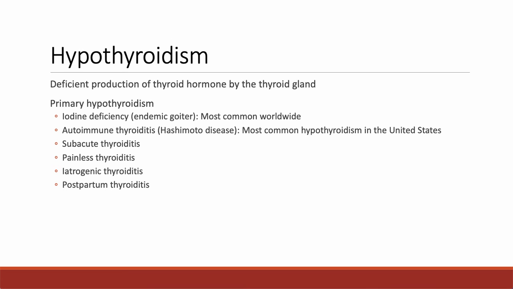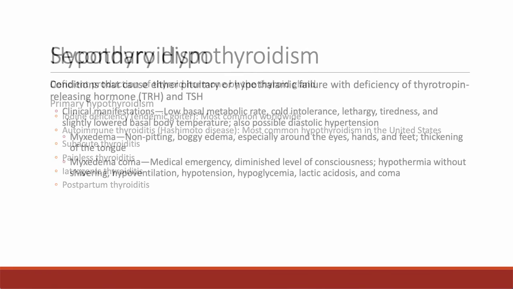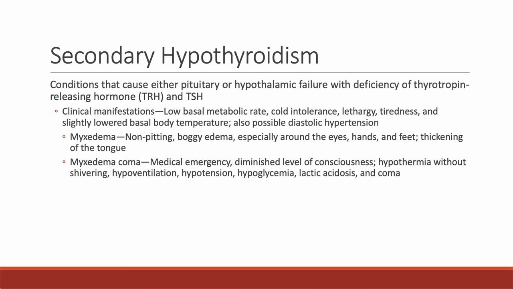And so it just keeps bombarding the thyroid gland with more TSH. But the thyroid gland is broken and it's not listening to those signals. And so the TSH can get really high, but the thyroid gland can't do anything about it because it's broken and won't be able to produce the T3 and T4.